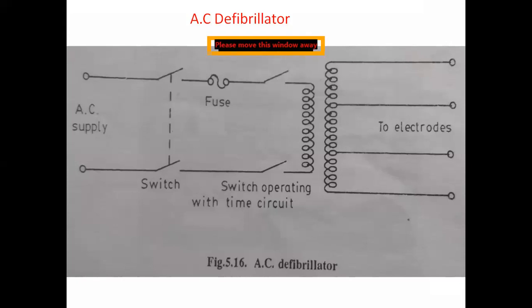Around 250 volts to 750 volts AC should be applied. The applying voltage is in the range of 250 volts to 750 volts, and the duration is around 0.1 second to 1 second.